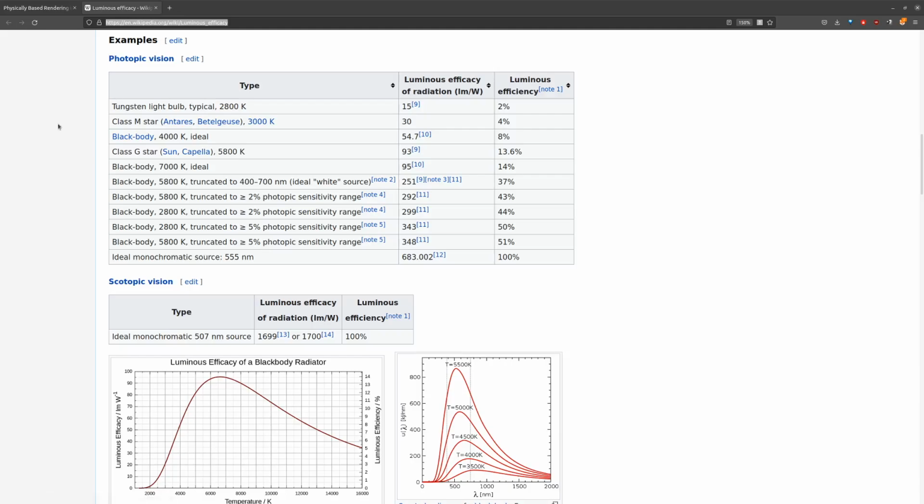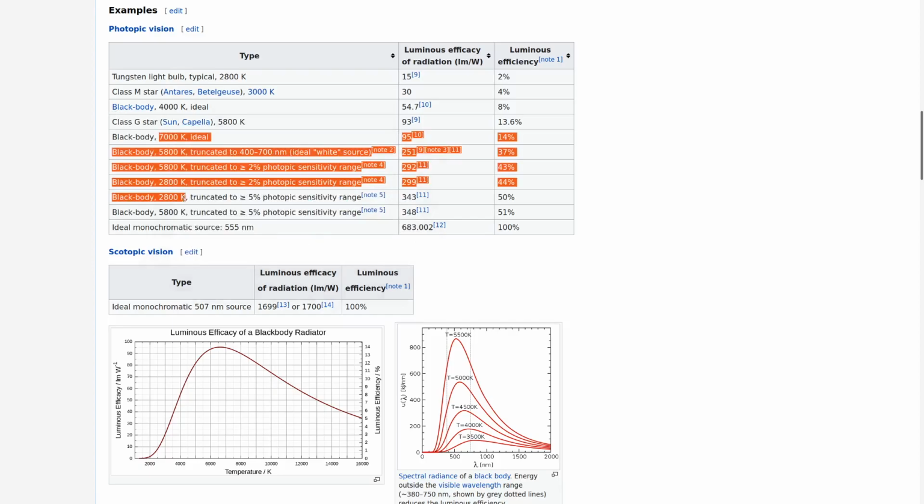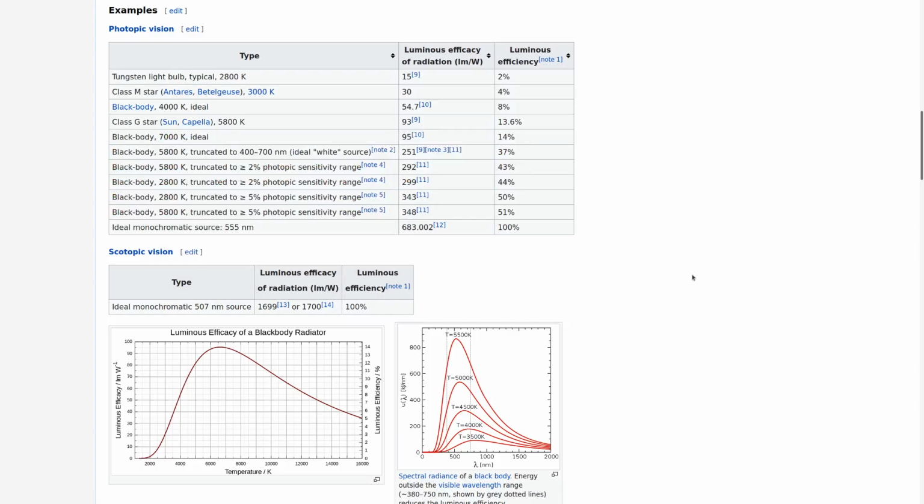So then we've got tungsten light bulbs, class M stars, black bodies at different temperatures, and ideal monochromatic sources. Now that's actually interesting.